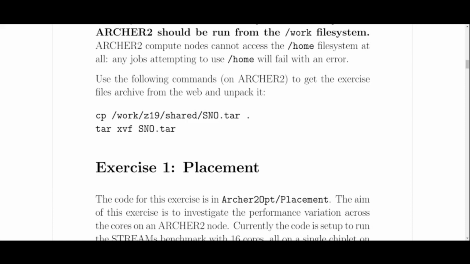These are the commands you need to do. And then for the first exercise, you would do cd archer2-opt/placement. Sorry, the font here is not brilliant, but that's an O, capital O, archer2, capital opt, /placement.